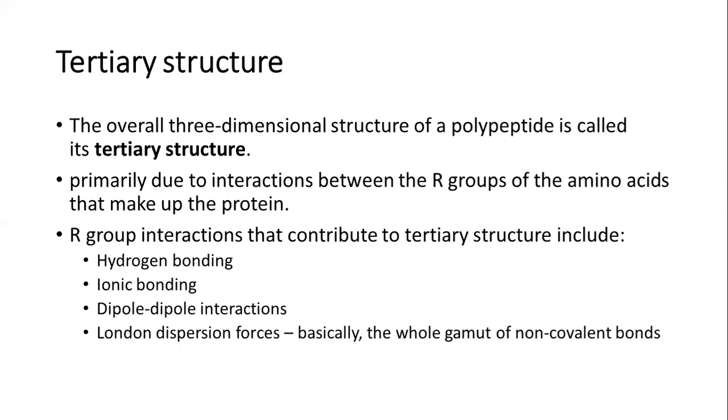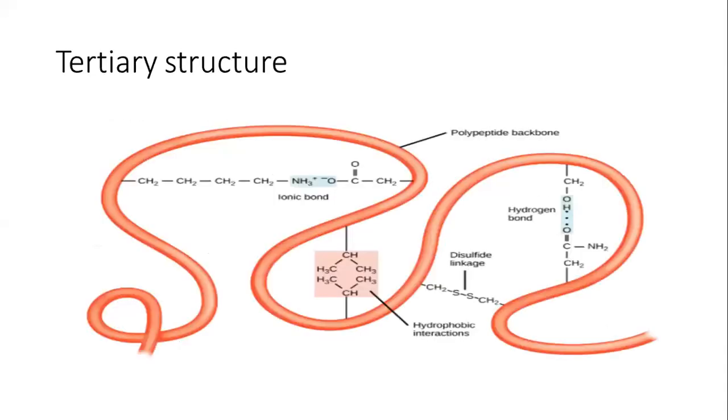The other bond are called ionic bonds, but you can also get dipolar to dipolar interactions and a whole range of other bonds that can arise from these R group interactions. And I think this is just a demonstration of what the tertiary structure would look like. And as I said, it is a tertiary structure that gives us now the various segments within hemoglobin. And so here you can see different bonds being formed.